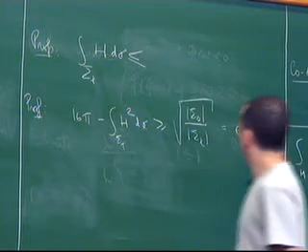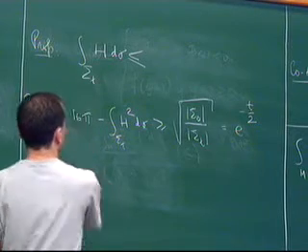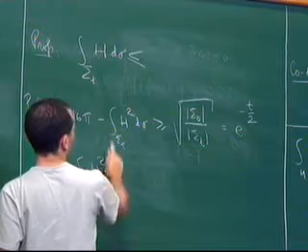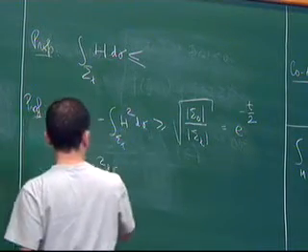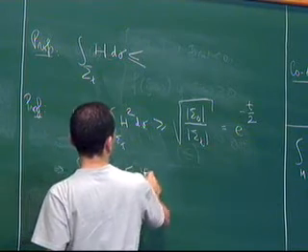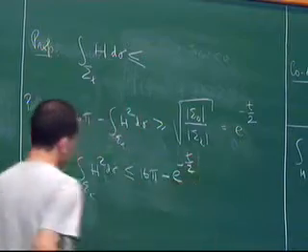Okay, is that correct? Yeah, so I get that the integral of h squared is going to be at most 16 pi minus exponential of minus t over 2.